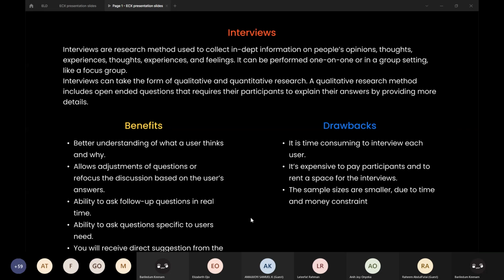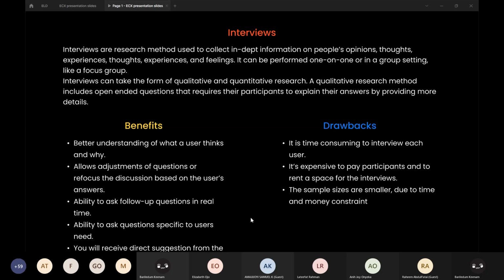When you talk of open-ended questions, it's not a yes or no question. You ask them questions that require that they give you answers in detail, not just yes or no.